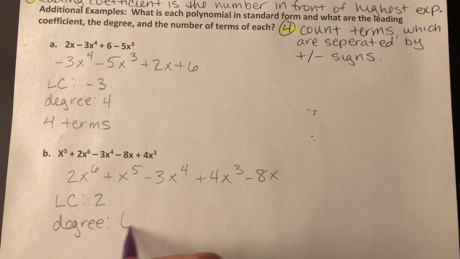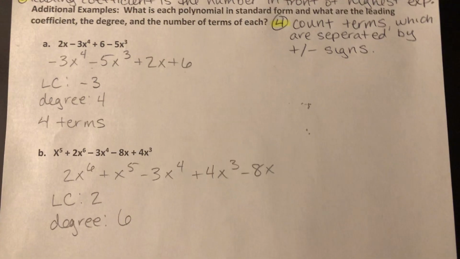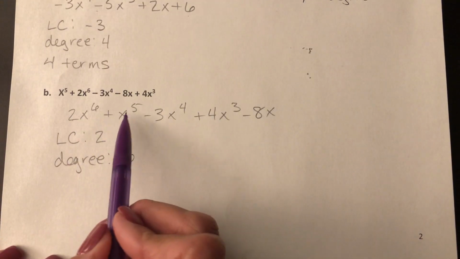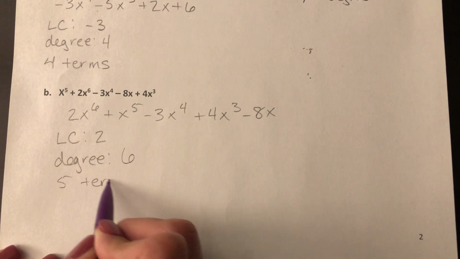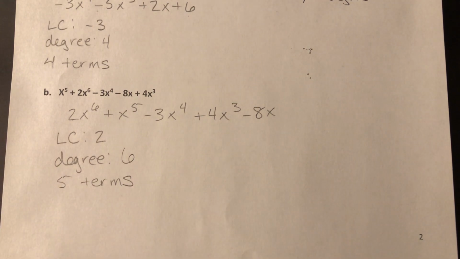Degree is 6, highest exponent is 6. And then this has 1, 2, 3, 4, 5 terms. Okay. Let's move on to our next learning target. So this will be our second and final learning target.